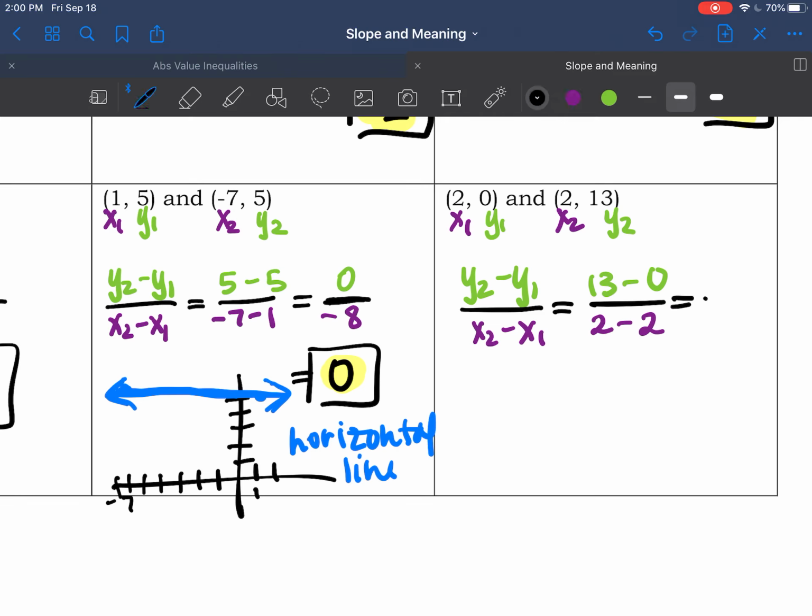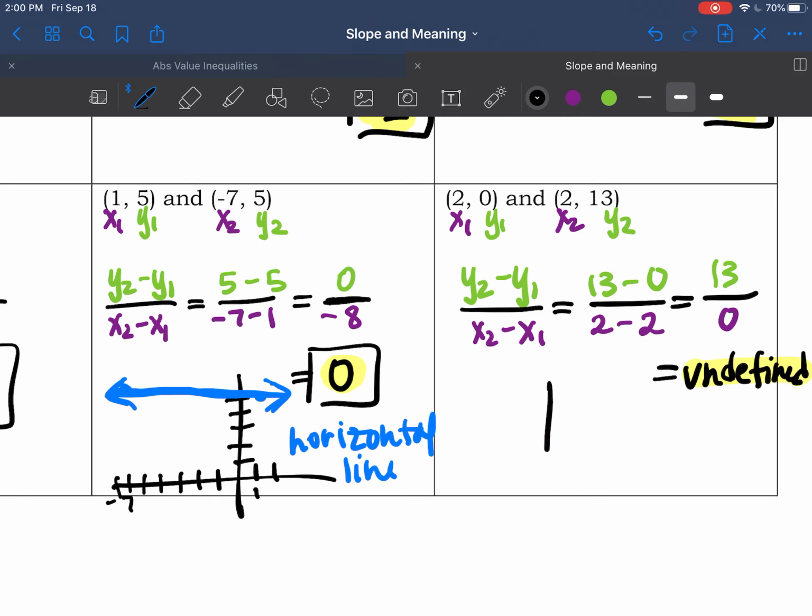So 0 shows up once again, but this time he's on bottom. This does not equal 0. If you type this in your calculator, you're going to get a big error sign because you're not allowed to divide by 0. And what that means is it's undefined. If I tell you to take this set of pencils and divide it amongst 0 people, you would be very confused because you can't divide by 0. And so anytime you see 0 on bottom, it's undefined.